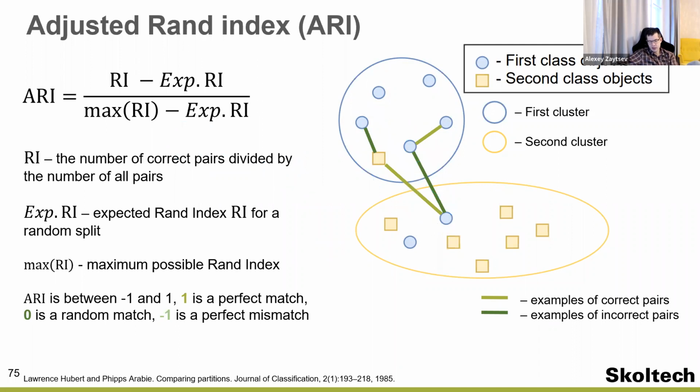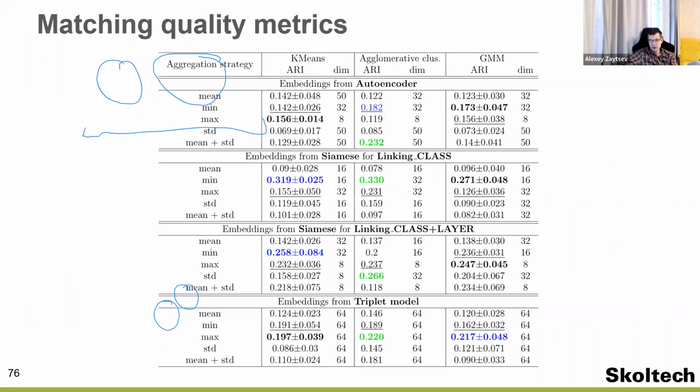We subtract from the Rand index the expectation of the Rand index for random permutation, and divide by the maximum possible value minus again the expected value. So this value now is between -1 and 1. 1 is a perfect match, -1 is a perfect mismatch of clustering and labeling.